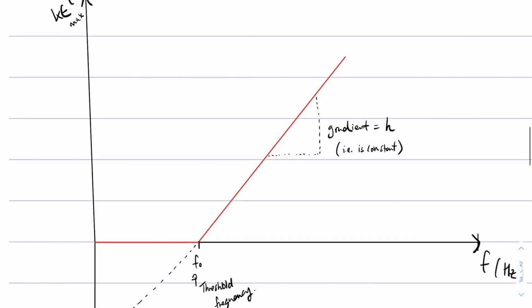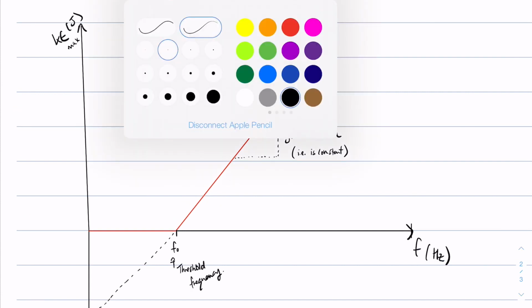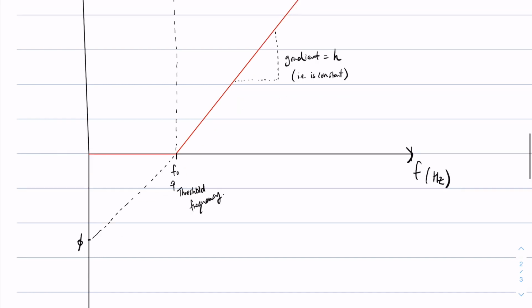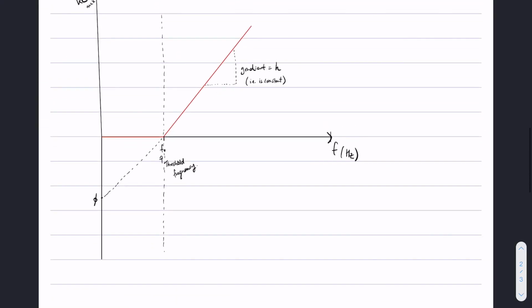And then we've got a region here. Let's be very careful here: a region where if my frequency is less than this, then I'll get no photoelectrons.